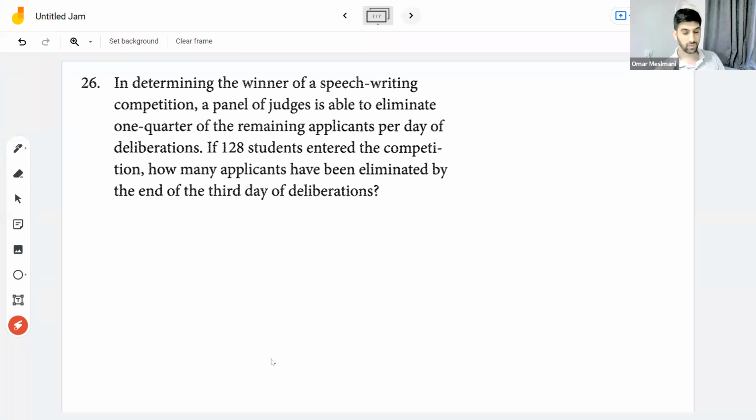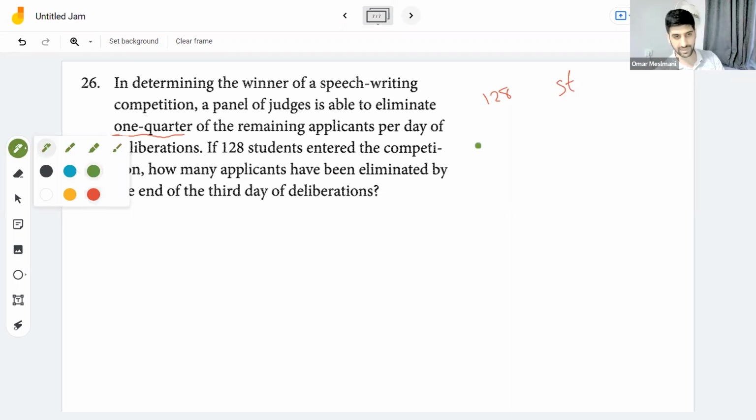All right, so what information was given? We have 128 students, and they are able to eliminate 1/4 of the remaining applicants per day. So I can do it one by one, easily. You can use a calculator, by the way. In my first day, they are eliminating 1/4. So use a calculator, anyone, please, and tell me 128 multiplied by 1/4.